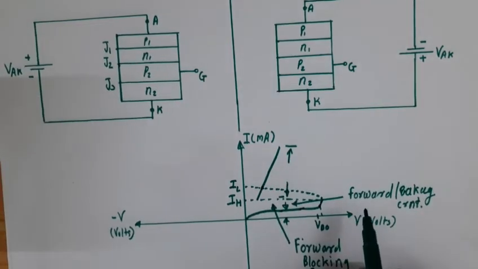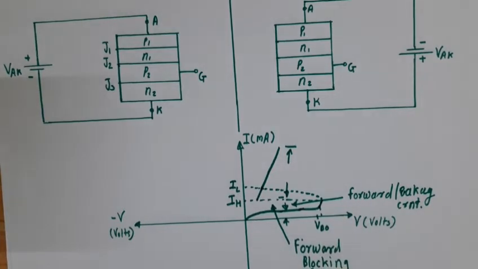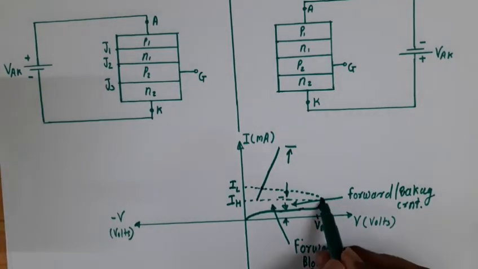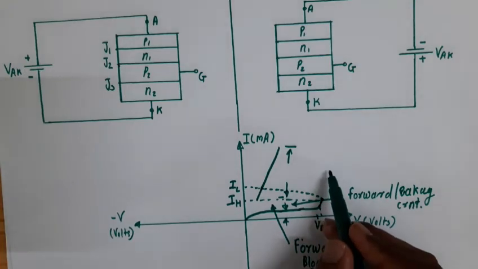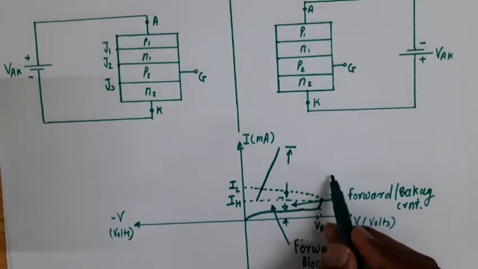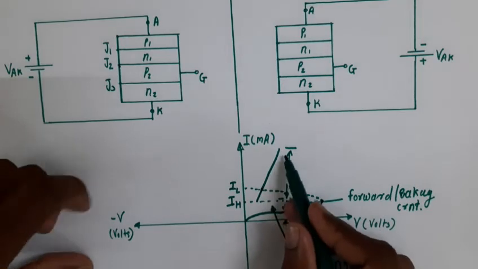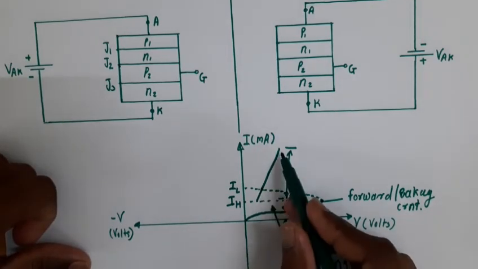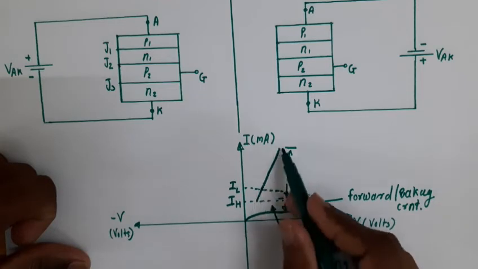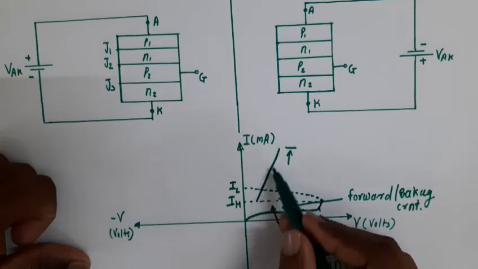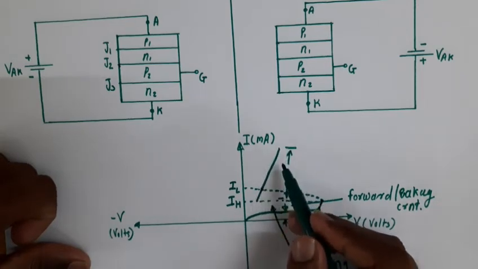When the thyristor switches from forward blocking region to forward conducting region, thyristor start conducting. So a large current is start flowing through the device. As you can see here, a large amount of current starts flow through the device.